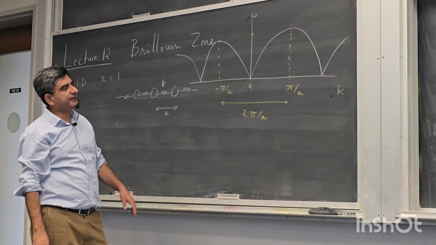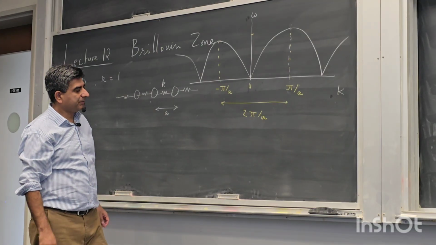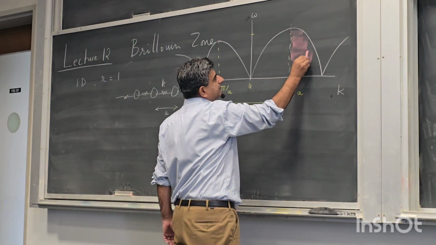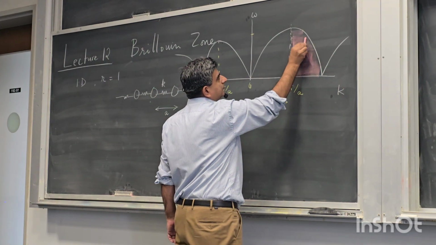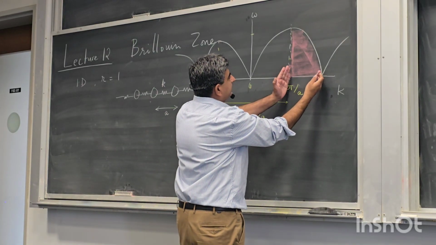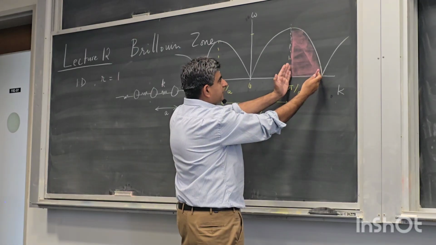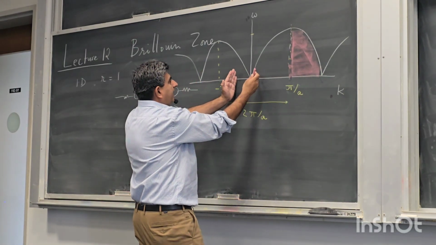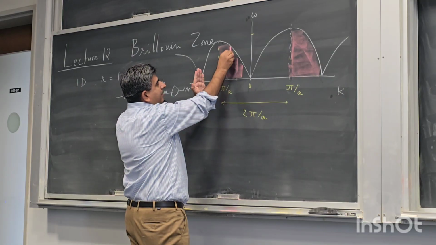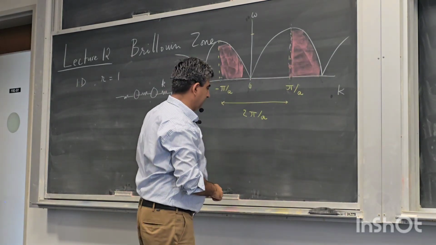And since this is periodic, do keep in mind that if I take, for example, this lobe and I translate it by minus 2 pi over a, or minus the length of the translation vector, I get to this lobe. So this lobe is repetitive with 2 pi.